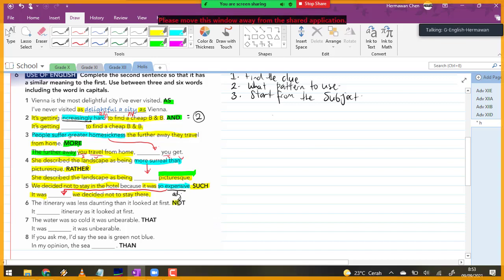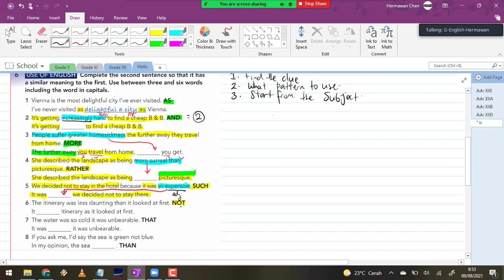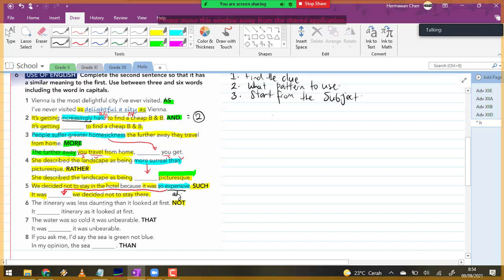You have to use not. You cannot find the clues here, which pattern to use, but from the meaning, guys, we know what to use.